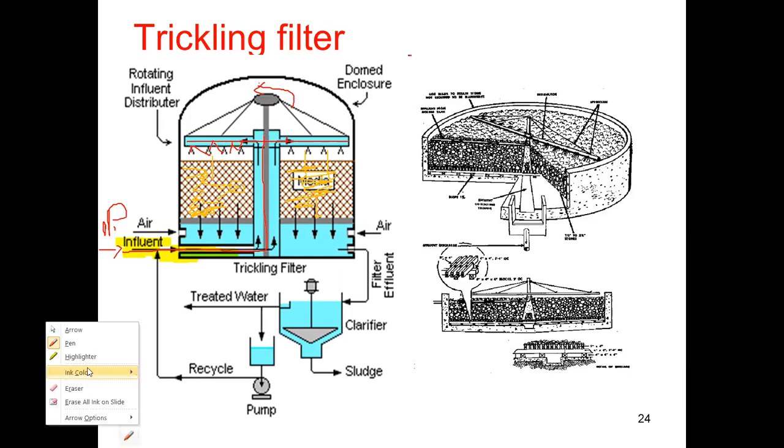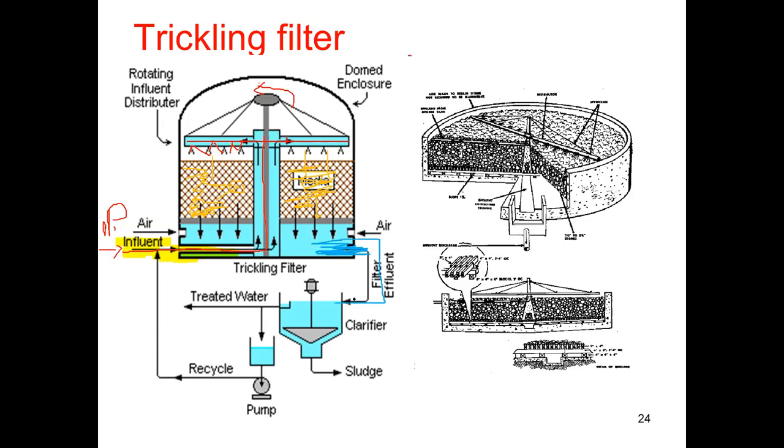So at the bottom, we can get organic matter free water. But that water may contain some biosludge. Because of the presence of biosolids, we have to send this water to a sedimentation tank. This is the secondary clarifier in a conventional wastewater treatment plant.